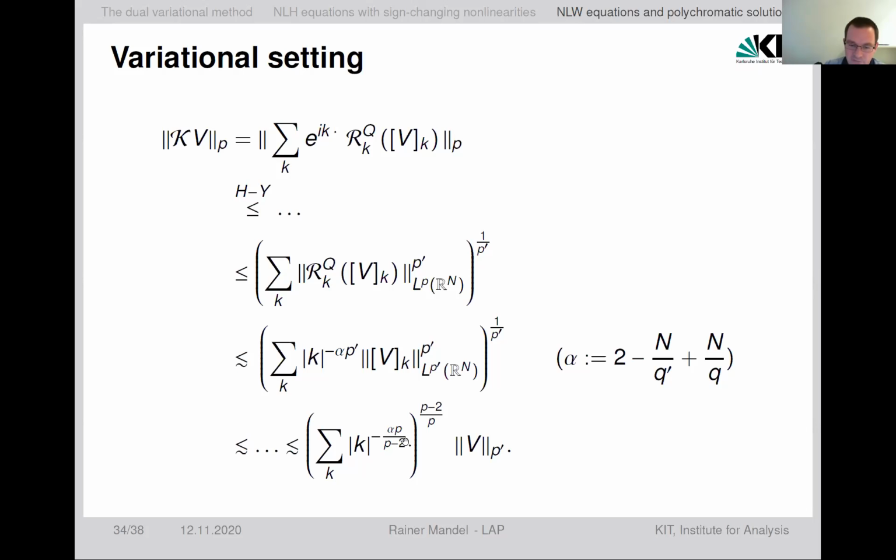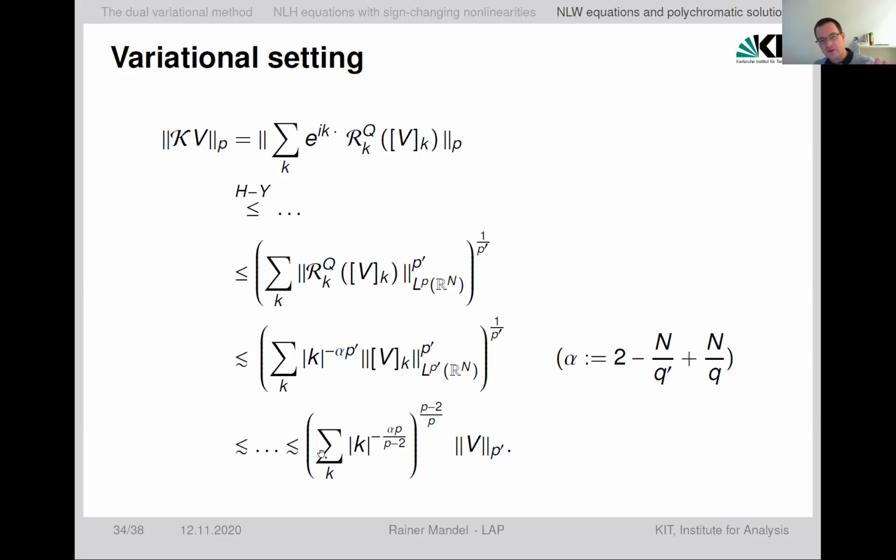So we have to use that alpha is sufficiently large. So this number should be sufficiently large in terms of P, and this is the condition on P and Q that we encounter.